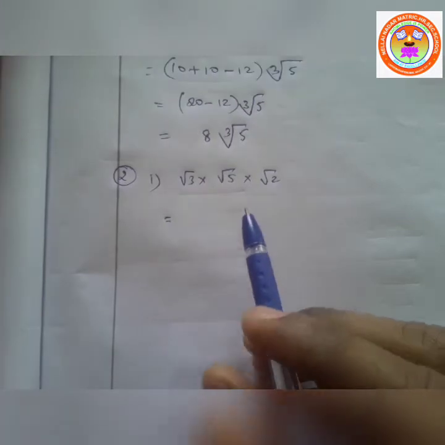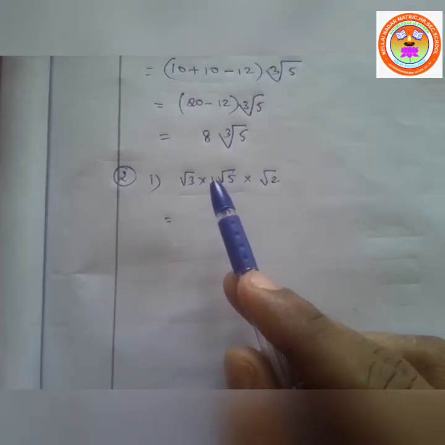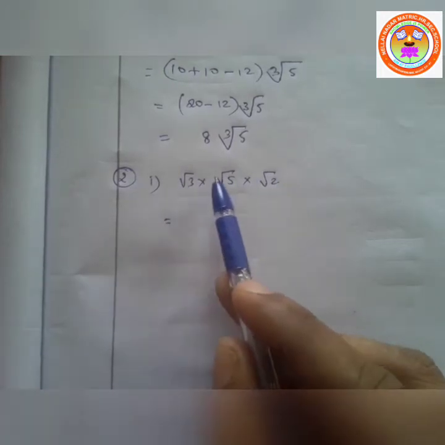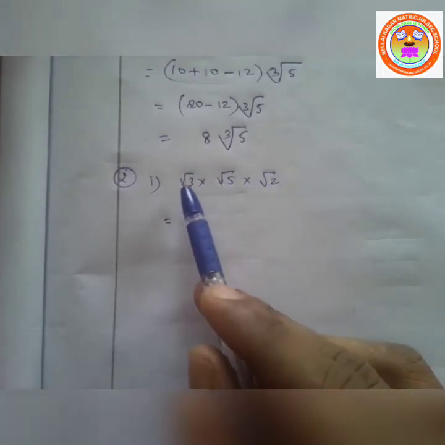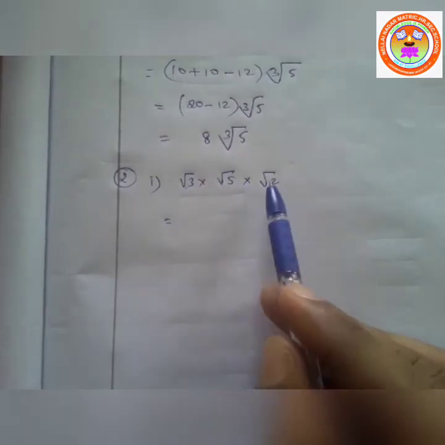Listen. If the orders are equal, if the orders are the same, then we can multiply the numbers inside. If the orders are different, we can't multiply. What is the order of this number? This root 3 is 2 because it is a square root. Here also 2, here also 2.